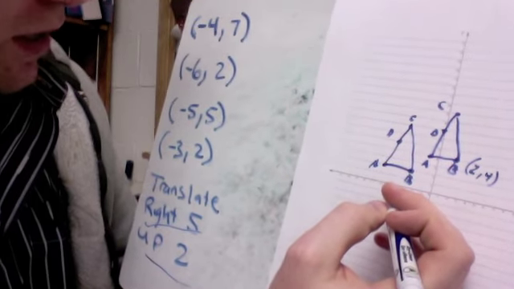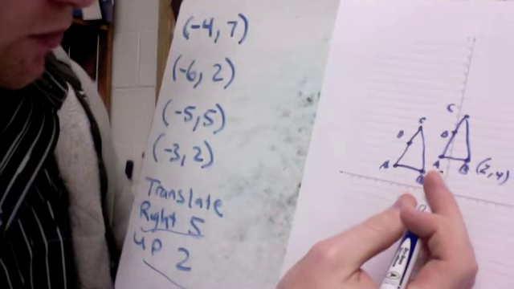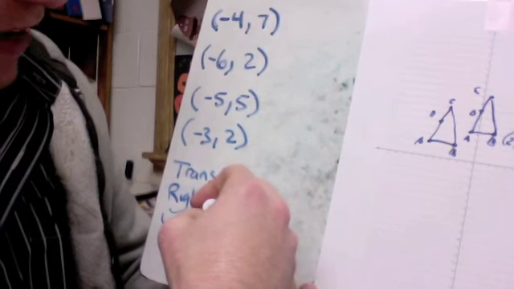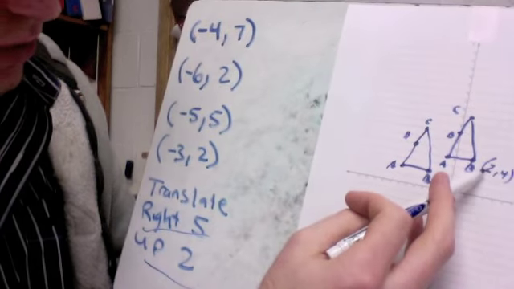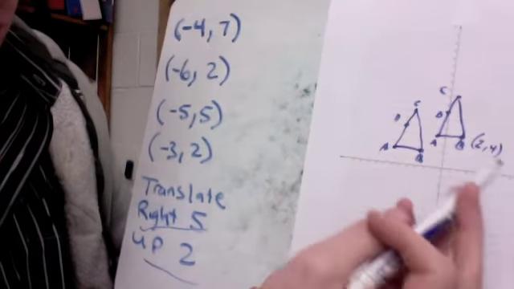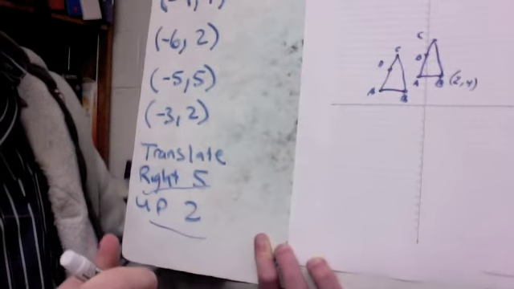If you compare that to what we had before, this number got 5 bigger, from -3 to 2. The second number got 2 bigger, from 2 to 4. And that's how it'll work for all of them here.